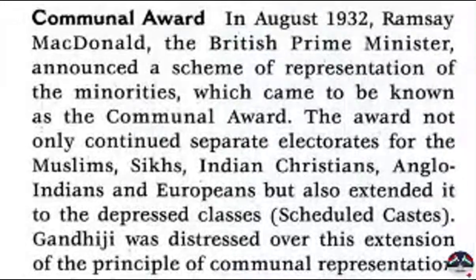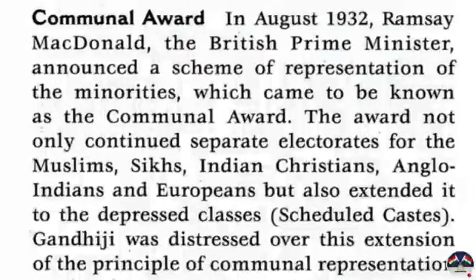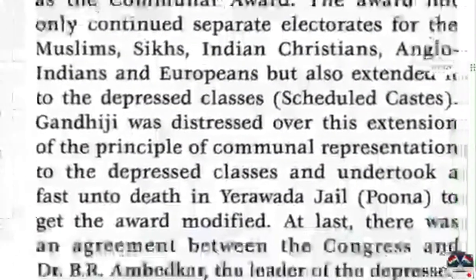In August 1932, Ramsay MacDonald, the British Prime Minister, announced a scheme of representation of the minorities, which came to be known as the Communal Award. The award not only continued separate electorates for the Muslims, Sikhs, Indian Christians, Anglo-Indians, and Europeans, but also extended it to the depressed classes, scheduled castes.